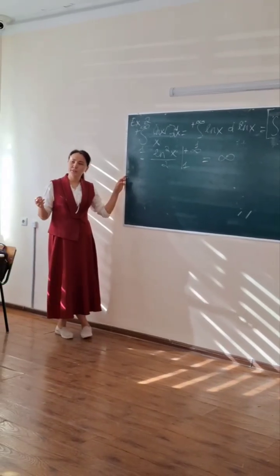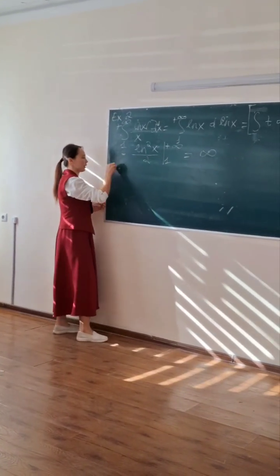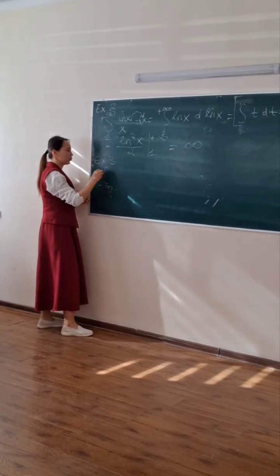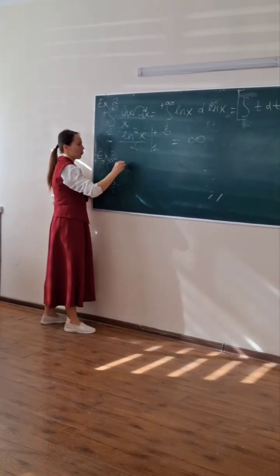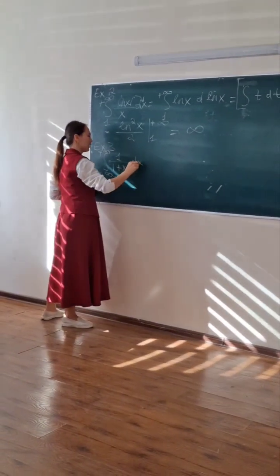Next example, with the limit formula of this improper integral. Example 3: negative infinity to positive infinity, 1 divided by 1 plus x squared dx.